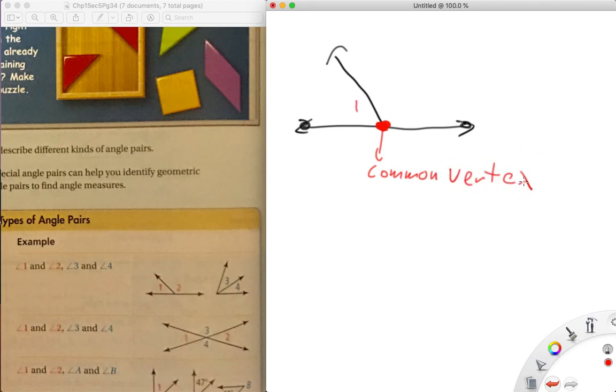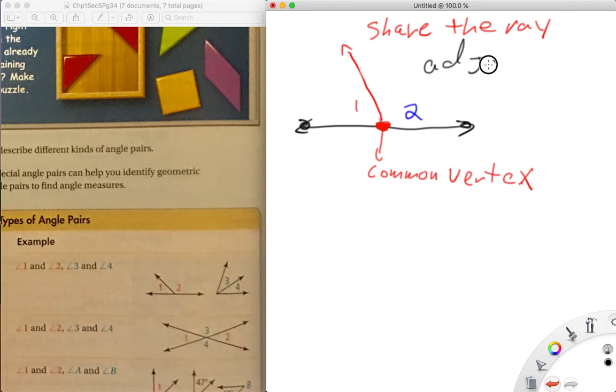Let's call this angle 1, and let's call this angle 2. Another thing that they share actually is this ray. This is an example of adjacent angles.